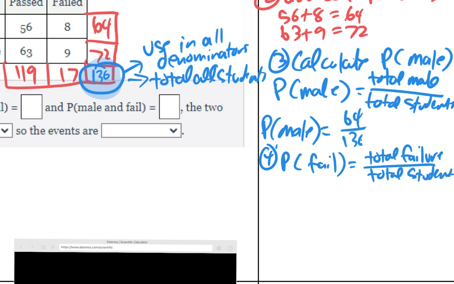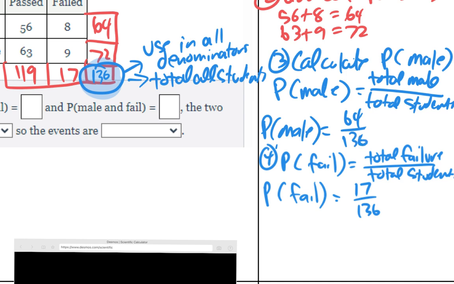That's the probability of failing: the total number of failures over the total students. That'll give us the probability of that. So let's calculate that. The probability of failure is equal to the total fail, which we said was 17, right? Over the total number of students, which once again we said was 136.